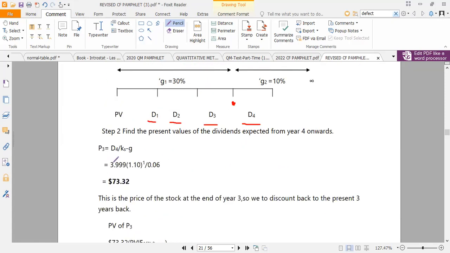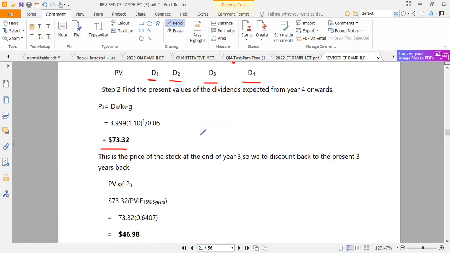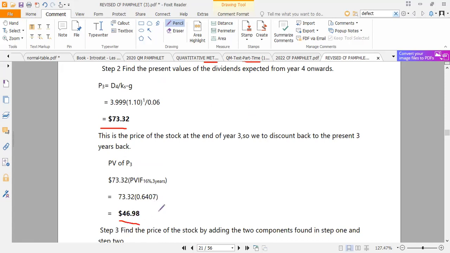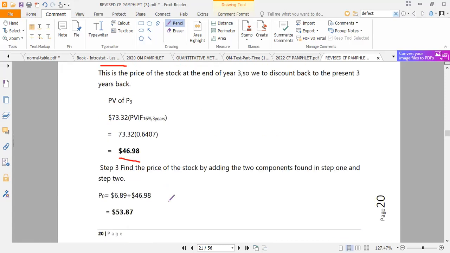Then you discount it by first finding the value of stock, then discount it backwards by 3 years, as at year 3 you discount it backwards. So this is how you calculate the value of stock. You go through the pamphlet and you see how the computation was done.